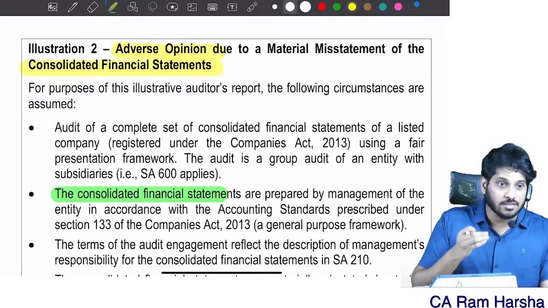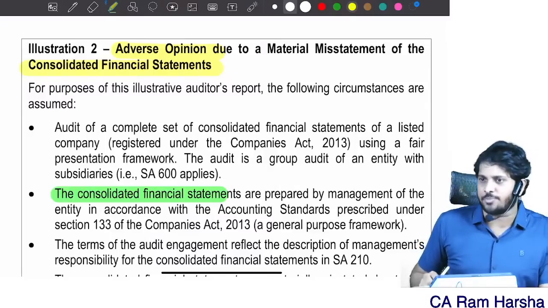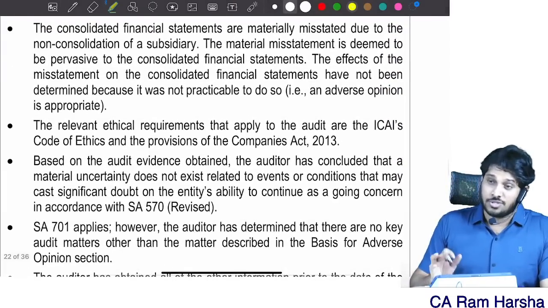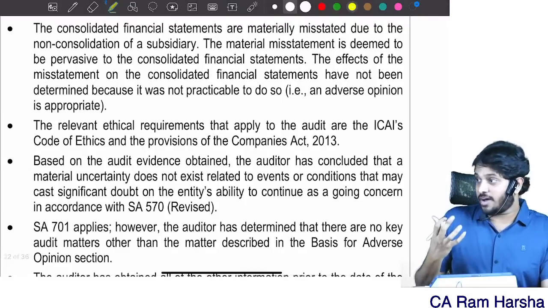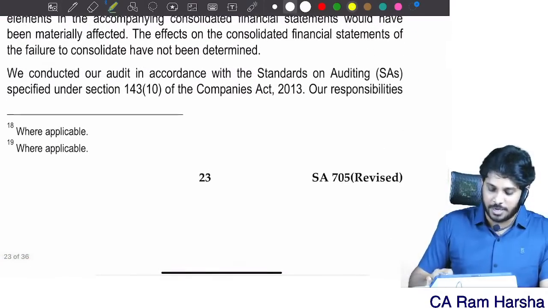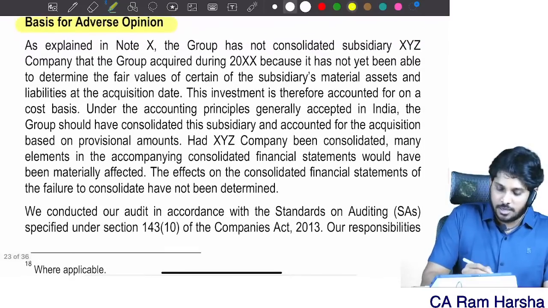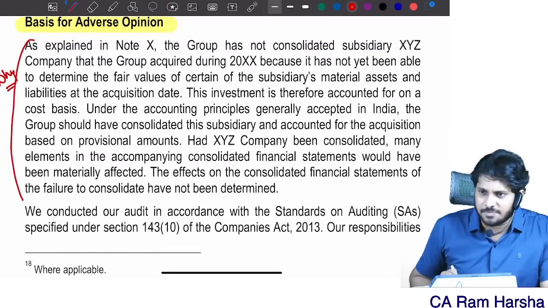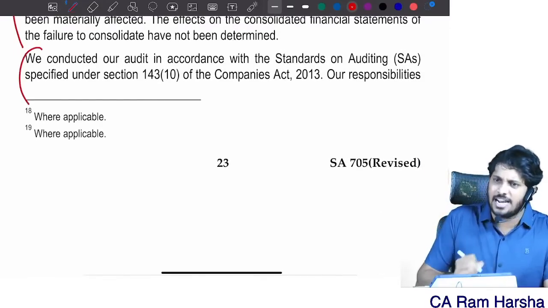So they concluded an adverse opinion is appropriate. Now, I want to give an adverse opinion, and in the basis for adverse opinion, you see there is one explanation of why they exactly gave an adverse opinion, correct? And another explanation is the general para.